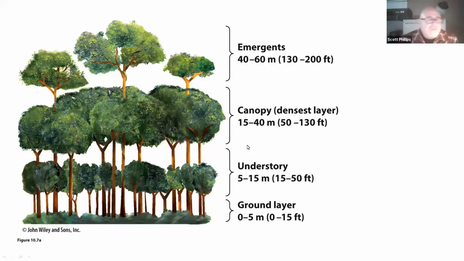All right, so one reason you have such high biodiversity is the structure of the tropical forest environment, that not only do you have a single layer of forest, you have multiple layers of forest. You have a main canopy, you have trees that get by underneath there, what's called an understory, and you have a ground layer of plants as well as emergents, trees that can shoot above the tropical rainforest and get sunlight up there.